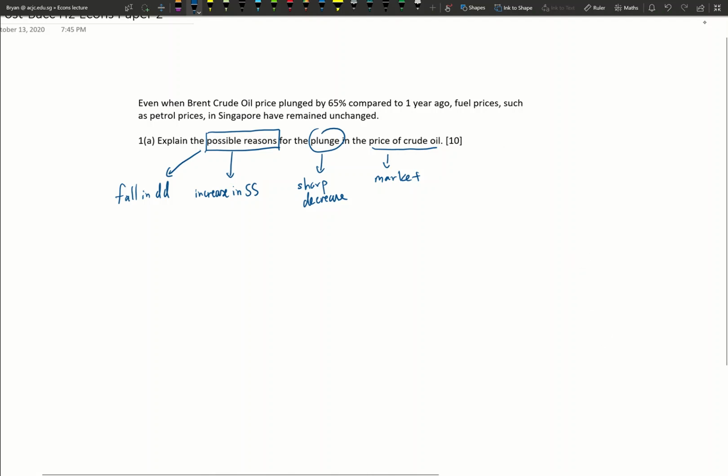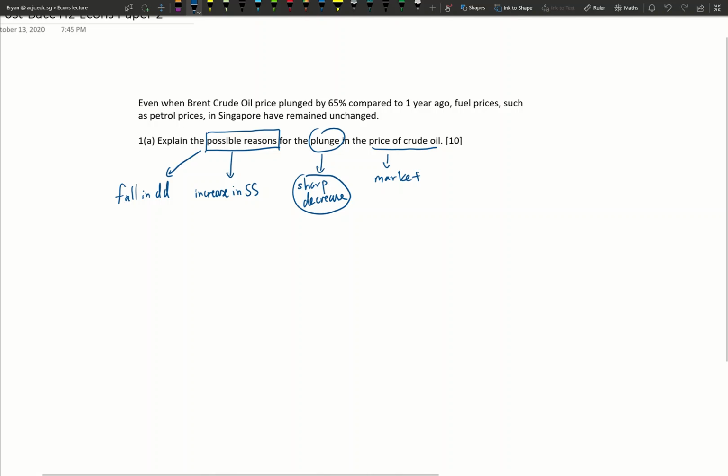With regards to the word sharp decrease, right? So it talks about the extent of the increase or decrease. For similar questions, sometimes they just tell you there is a sharp change in price, right? And explain what happened. We usually try to display our knowledge of elasticity concepts, right?